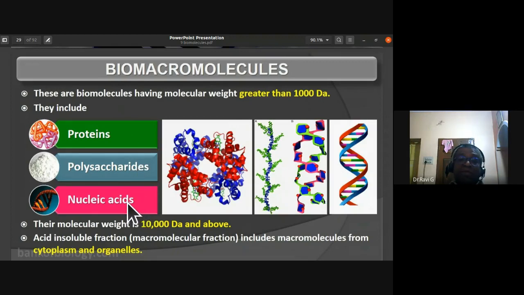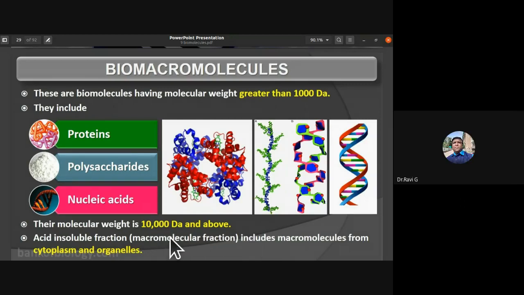In biomicromolecules we had discussed amino acids, sugars, and nucleotides, but in biomacromolecules we are going to discuss proteins, polysaccharides, and nucleic acids. I told it as greater than 1000 Daltons, but generally the biomacromolecules' molecular weight is 10,000 Daltons and above.